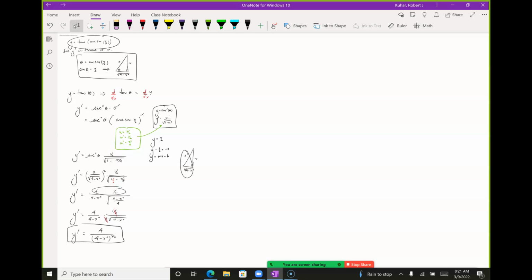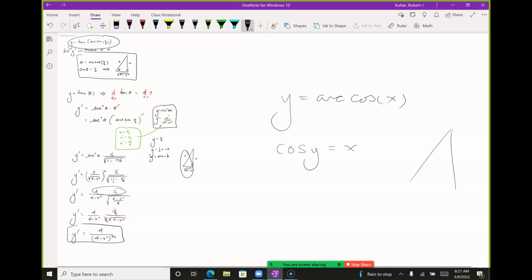In the past, I've asked you to derive the derivative of the arc cosine, right? Think about it. We don't know what this derivative is. We'll pretend now we know, but I don't think in arc cosines. I think in cosines. So we switch it, right? We do cos of y is equal to x, and then I have a triangle. Cos is adjacent over hypotenuse, right?